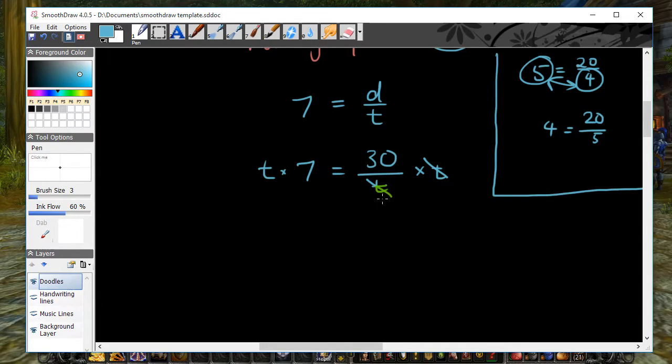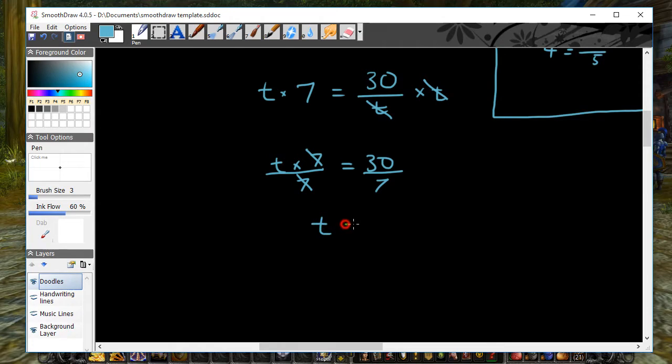So 30 divided by t times t means 30. Now we have 30 equals t times 7. Now we can divide by 7 on both sides. Times 7 and divided by 7 will cancel down to 1 times 1. So now we have t equals 30 over 7. Put 30 divided by 7 in your calculator, and the answer is 4.3 rounded to 1 decimal place.